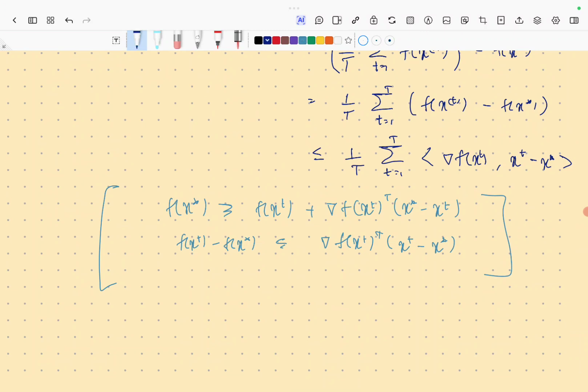Now I have some bound over here as 1 by t times the summation of the inner product of the gradient at xt with xt minus x star.